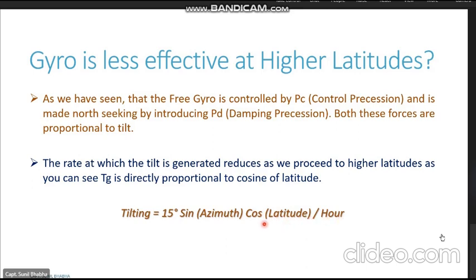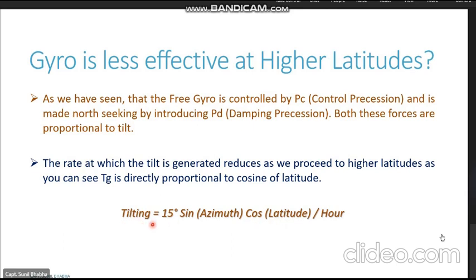Now you see, as the latitude increases, cos latitude value becomes lesser and lesser. And at the pole, if you put the latitude as 90, the tilting value becomes 0 because cos 90 is 0. So tilting is maximum at the equator, reduces as we go to higher latitude and becomes 0 at the pole.